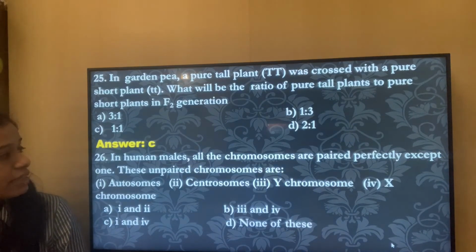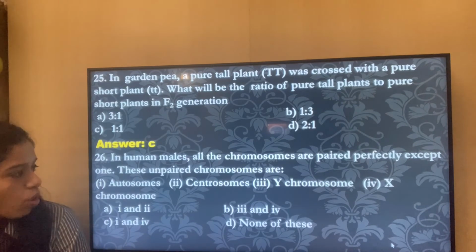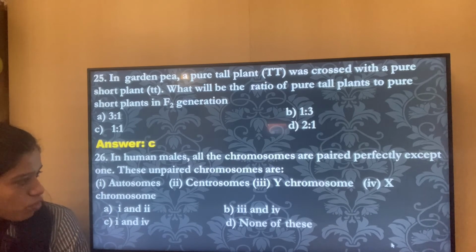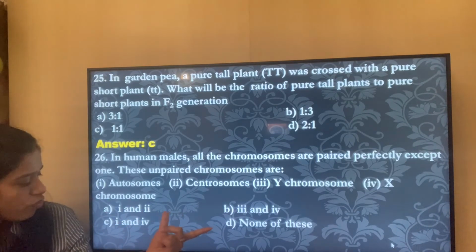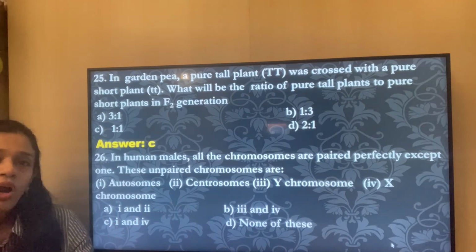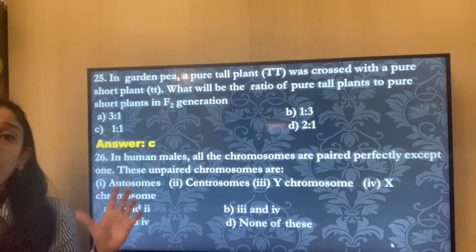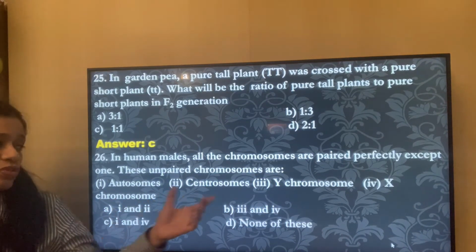In human males, all chromosomes are paired perfectly except one. These unpaired chromosomes are: autosomes, centrosomes, Y chromosomes and X chromosomes. The options are 1 and 2, 3 and 4, 1 and 4, or none of these. Autosomes are perfectly paired, because we have 22 pairs of autosomes.